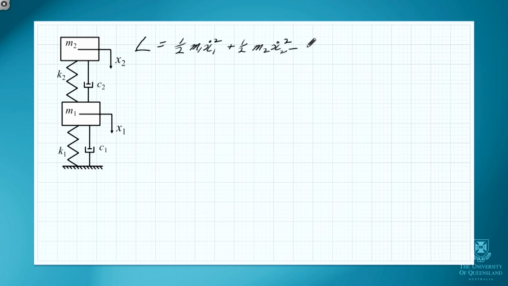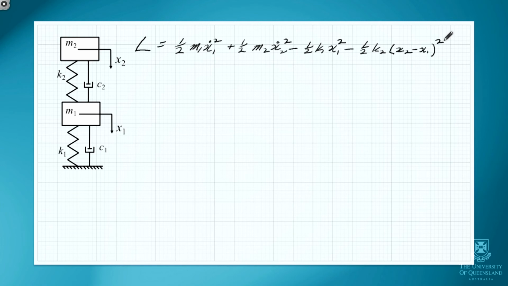The potential energy for spring 1 is the same, it's just a half k1 x1 squared because x1 is the deflection of spring 1. But for spring 2, I've now got a difference in deflections describing its energy, which I could write as x2 minus x1 or x1 minus x2. It doesn't really matter because it gets squared.